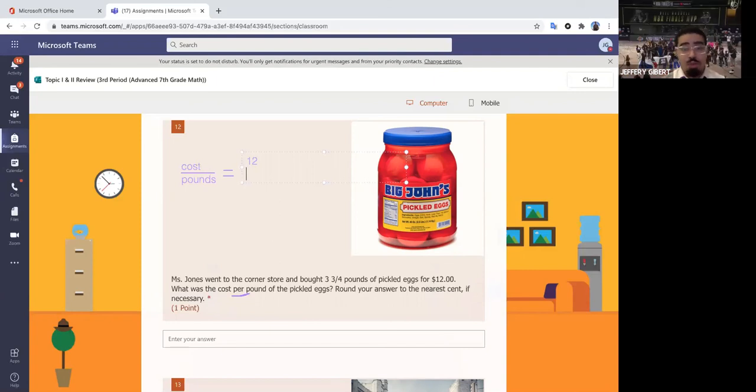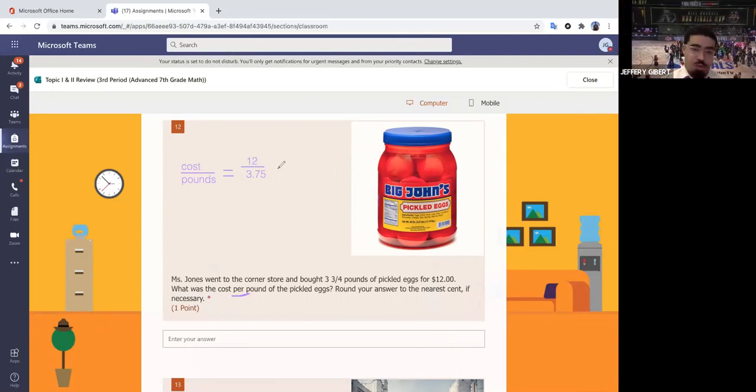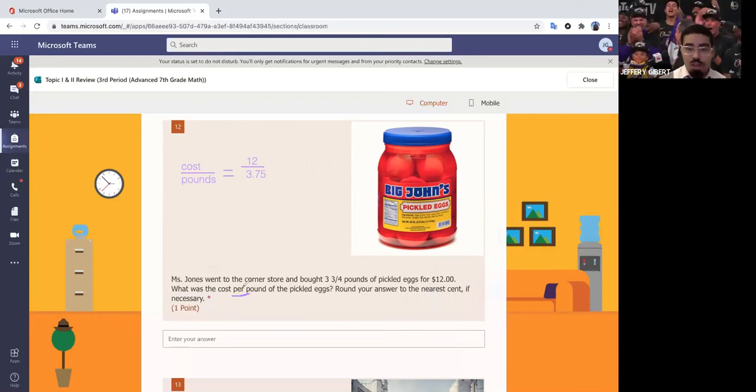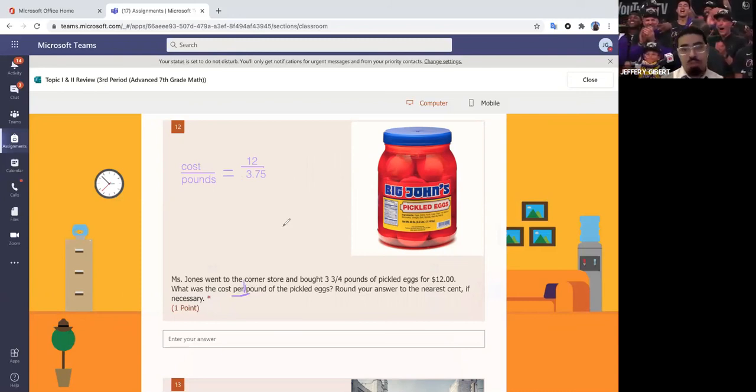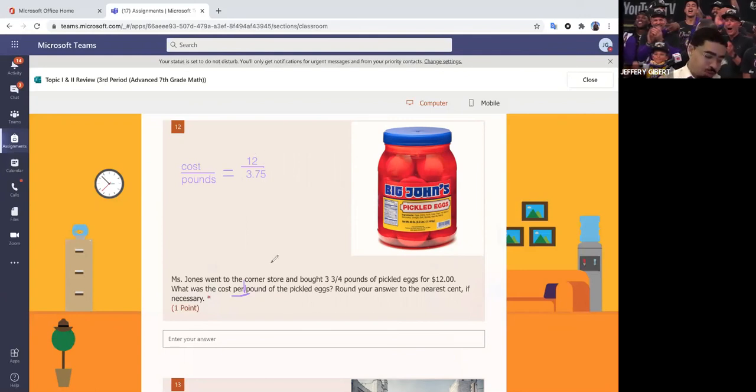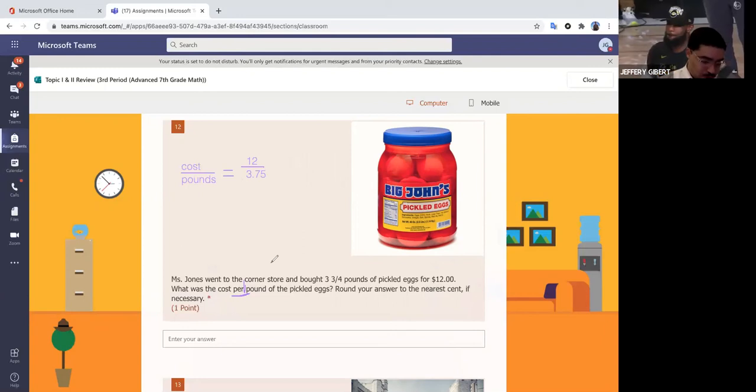So if you have 3 and 3/4, that's 3.75. So you can just do 12 divided by 3.75. Because remember, to get the unit rate, or to get 1 pound, you just do the top divided by the bottom. So 12 divided by 3.75 is 3.2.